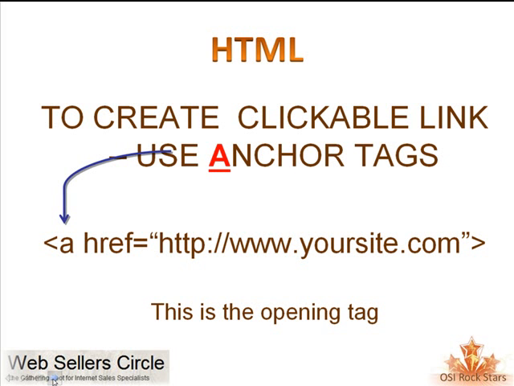Okay. So let's look at creating a clickable link, because this is the one thing that you absolutely have to know how to do. Tags all have names. Some of them are called anchor tags, and those are the ones that are clickable. So an anchor tag will always start with the less than sign, and then the tag itself, which is an A for anchor.